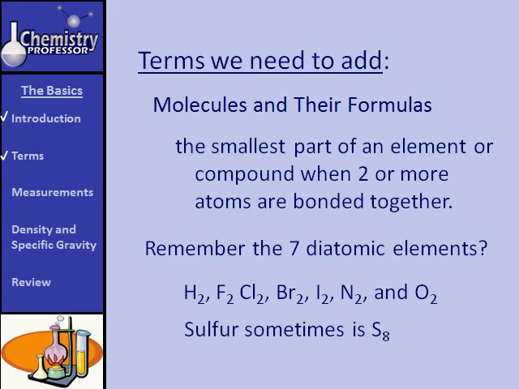Sometimes you're going to find sulfur written as S8. It depends on what form the sulfur is in, but it is not uncommon to find sulfur with 8 atoms to make up a molecule. And phosphorus. Phosphorus is sometimes indicated by P4 when there are 4 atoms making up a molecule of phosphorus.